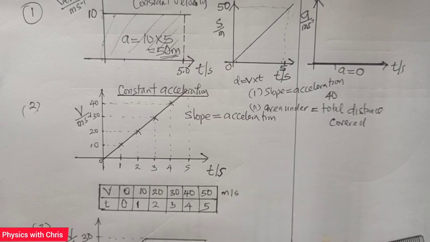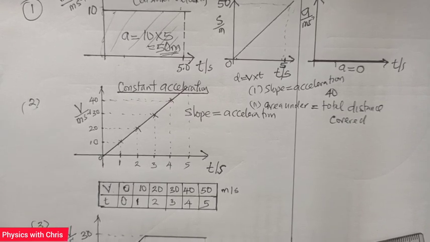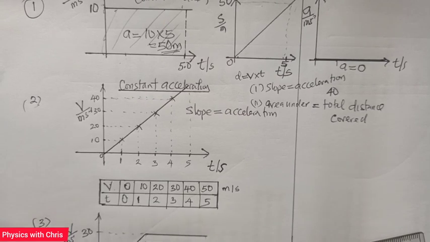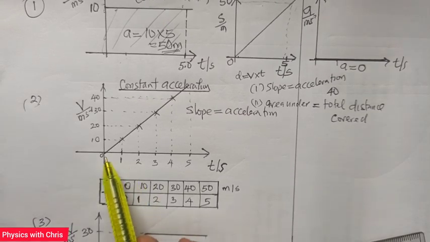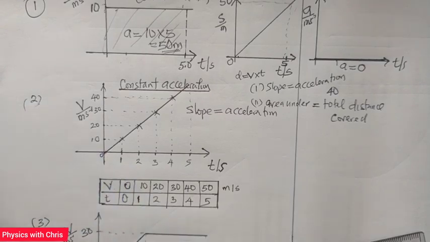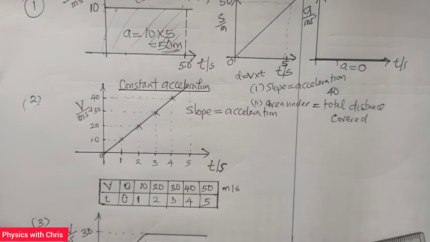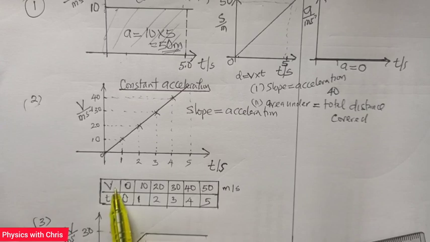I would advise you, if you are maybe learning to drive and you jump into your daddy's car, don't increase your speed to 50, because then you'll be inviting death to yourself. This is just an example. So you can see that if the body maintains a constant acceleration, the speed increases continuously until it gets to 50 meters per second after 5 seconds.